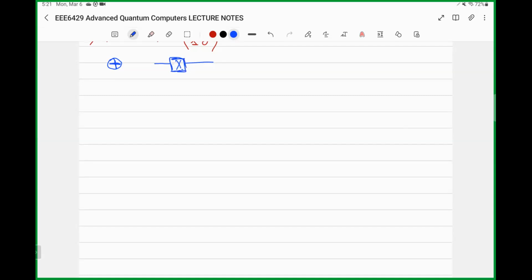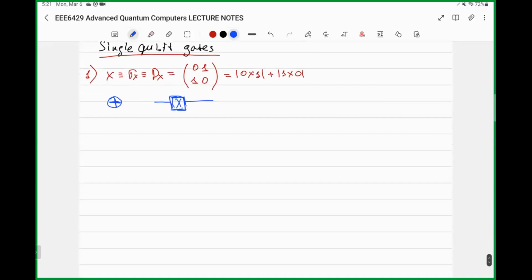What this gate does is take the state and flip it. That's why it's also known as the qubit flip gate, or an analog to the classical NOT gate.